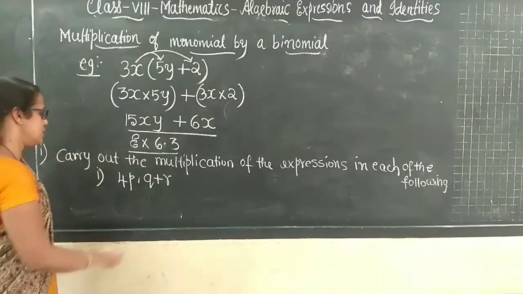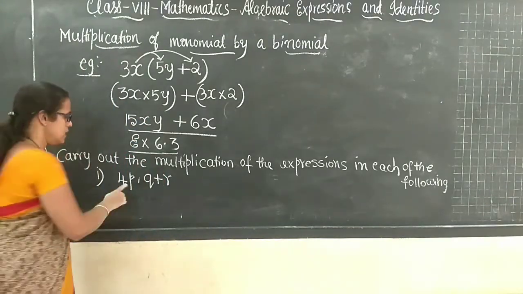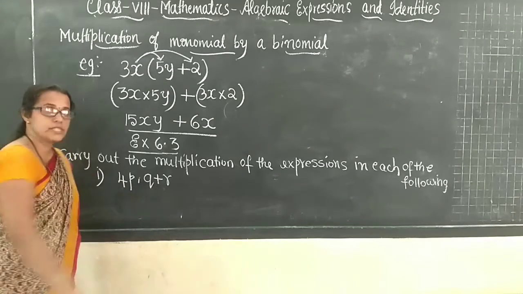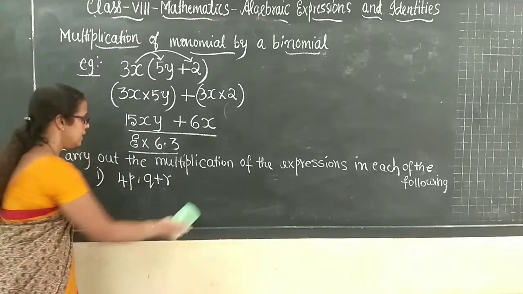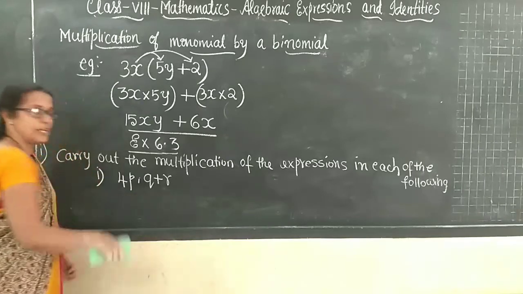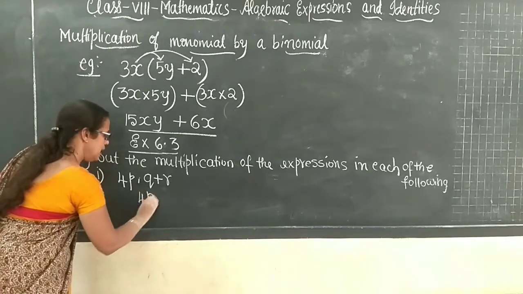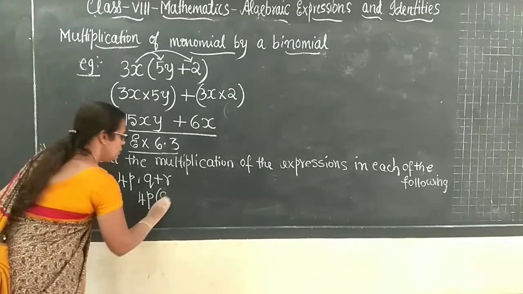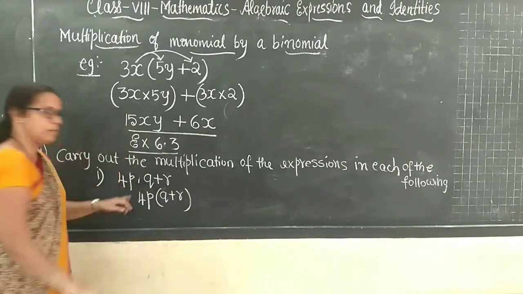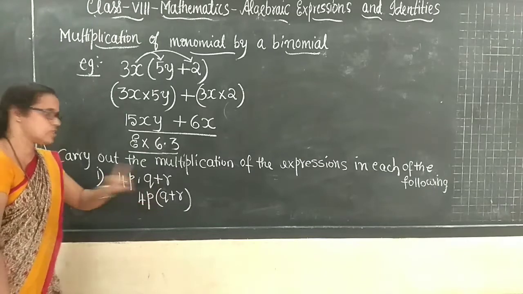How to multiply this, children? This is monomial, this is binomial. So you have to understand this is monomial into binomial multiplication. So how can I write this? 4p into q plus r. How to multiply? First term into this.